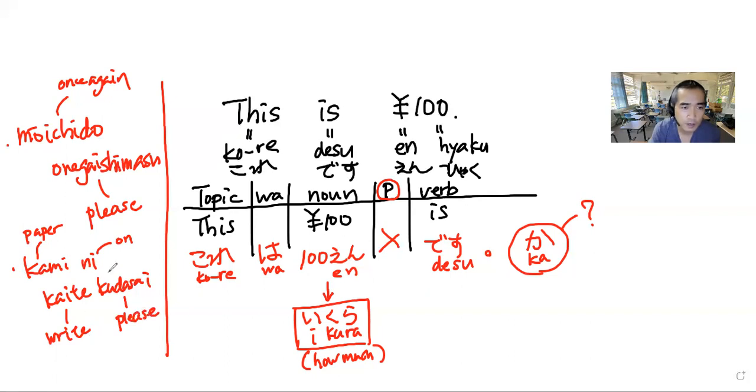So, please write it down on a piece of paper. The good news is Japanese people also use digital numbers, so they can write it down.